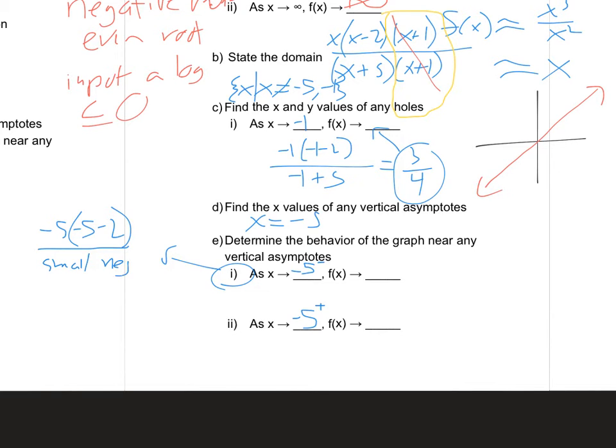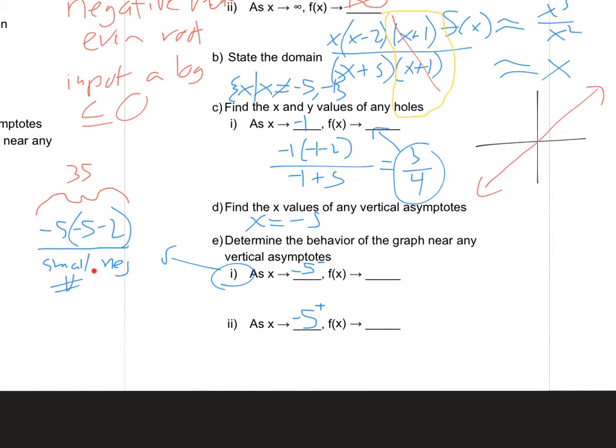Small negative number. So the numerator there is going to simplify: -5 times -7, if I can do my math right there. That should be 35. The closer the number I plug in is to -5, the closer this numerator will be to 35.